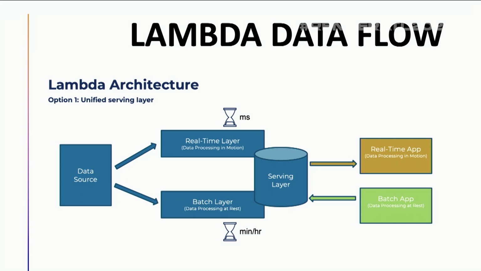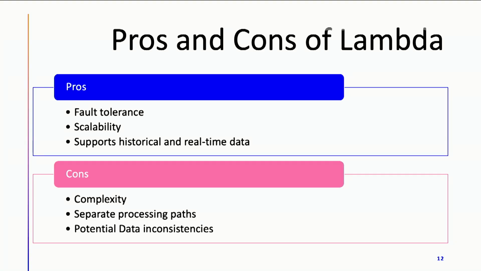So the hot path would be the real-time analytics versus the cold path for the batch processing. Again, like I said, Lambda makes up for the weaknesses of Kappa through fault tolerance and scalability. Kappa wouldn't be able to handle things like out of order messages as easily. Lambda, because of its structure, is able to.